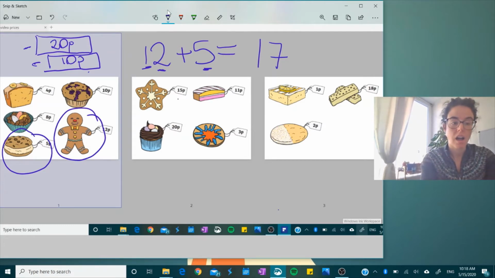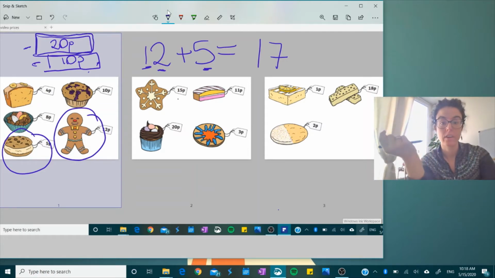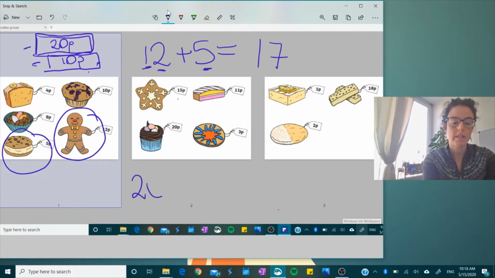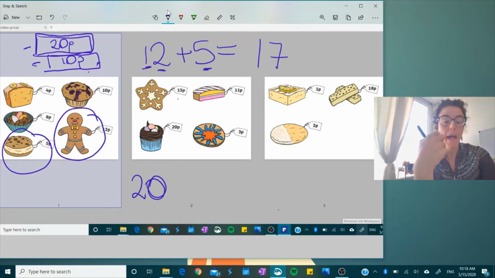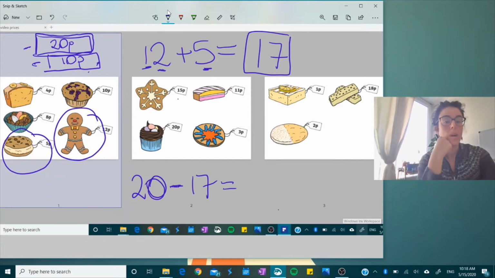So I could pay with 10, but that's not enough. Or I could pay with 20. Because 20 and 17 are close together, right? So I give you 20, and to find out how much money I need back, we need to take away or subtract the total of what Miss Gia had to pay. So friends, what is 20 minus 17?